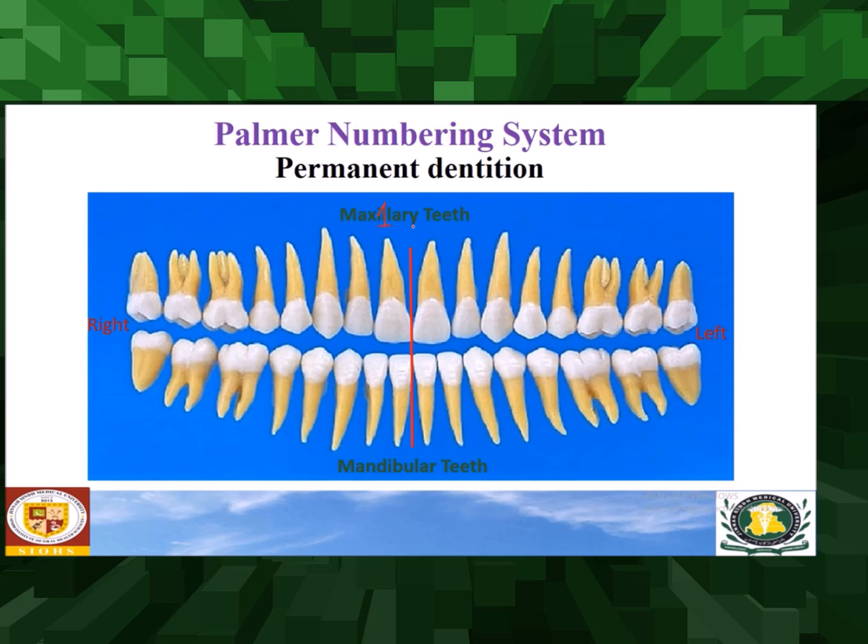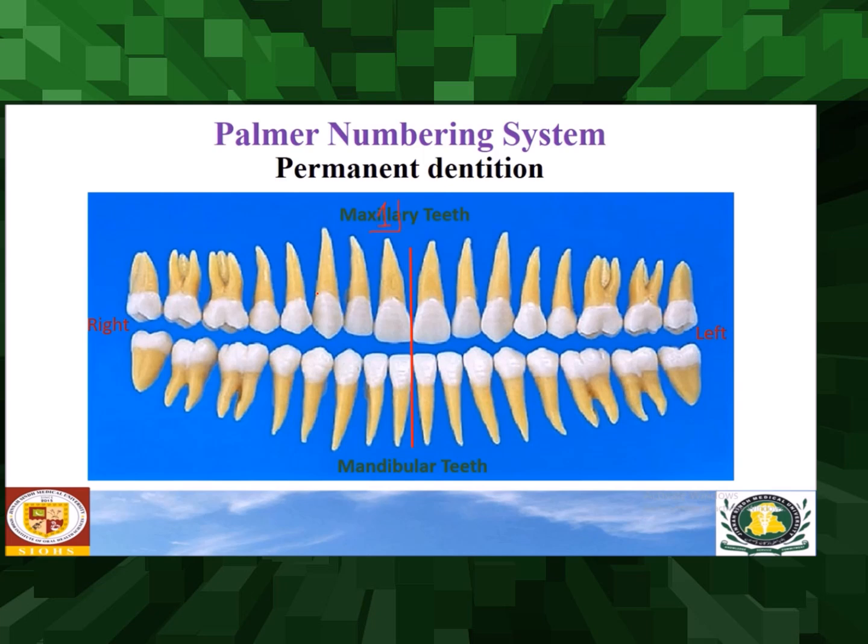In order to distinguish it from the rest of the central incisors, we draw a symbol, and we use this symbol. The 1 indicates a central incisor, and this symbol indicates that it is of the maxillary right quadrant. It is the central incisor of the maxillary right quadrant.